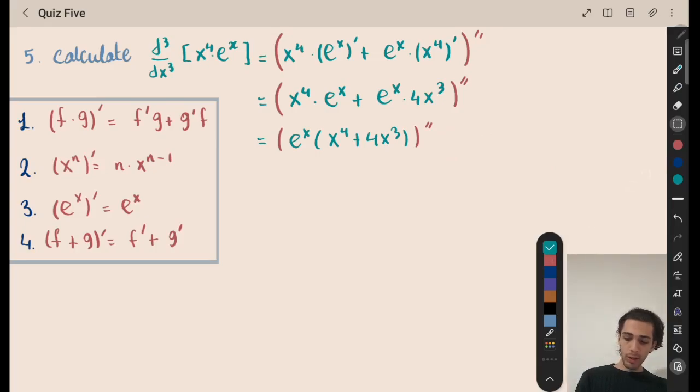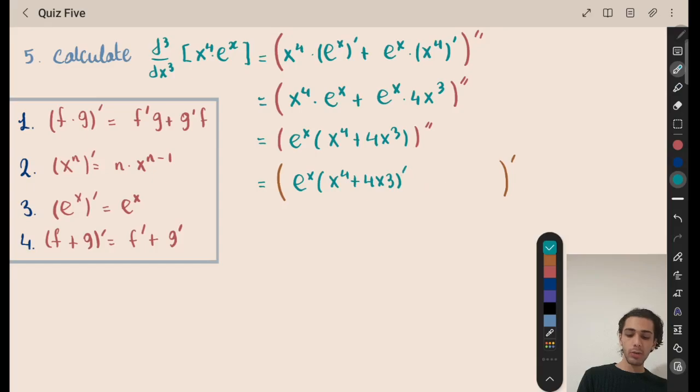So here I will apply the product rule again. So now we will convert to just one dash. So we still need to take one derivative here. And if it's the product of 2 functions, then you fix the first function and you take the derivative of the other one.